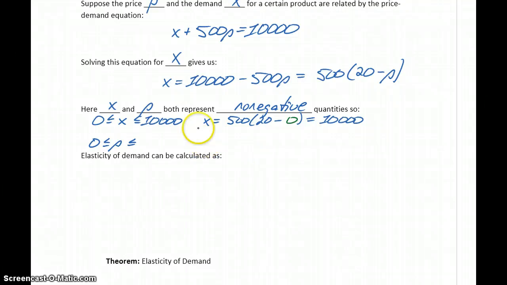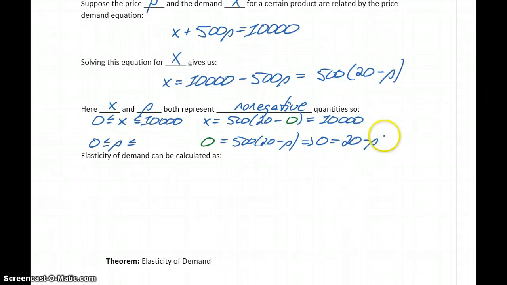And if we set X equal to 0, we would have X equals 500 times (20 minus P). So what's the maximum price, or the price that we would reach that now nobody at all would want to buy our product? This would give us 0 equals 20 minus P, or P equals 20.